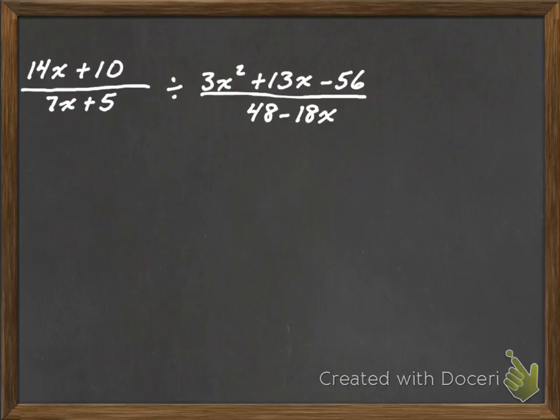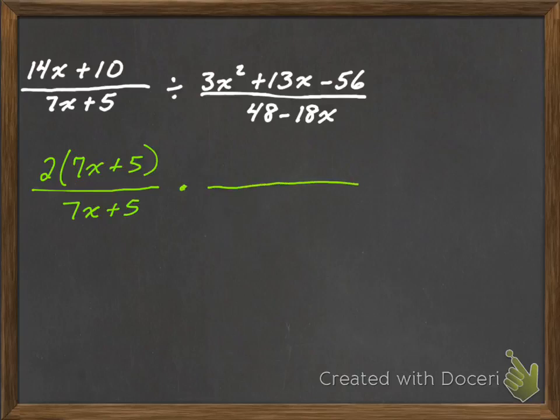All right, the next one. Numerator, again, start out by taking out our GCF, which is 2. That leaves us with 7x plus 5. Denominator just stays. We change this to multiplication, and we reciprocate.